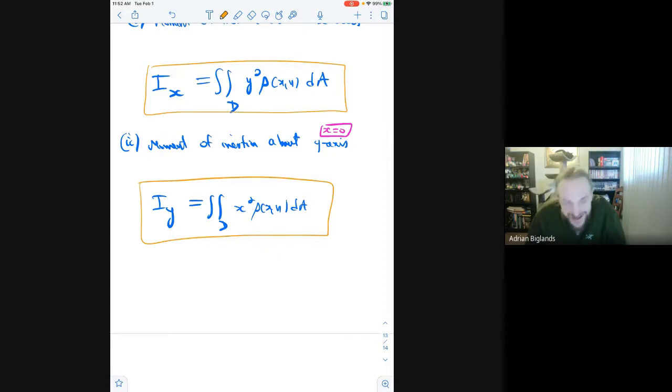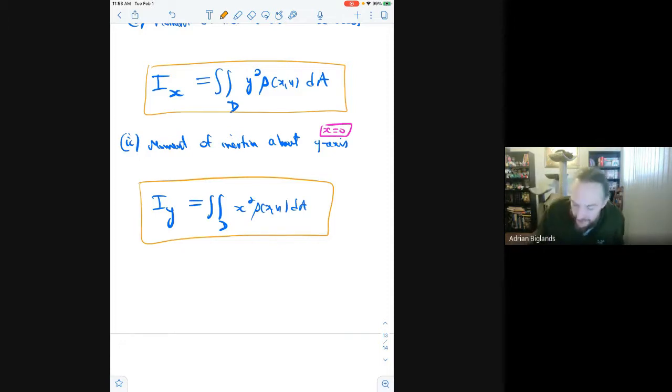So moments of mass, Mx and My, multiplied by y and x respectively. Moments of inertia now are going to multiply by y squared and x squared respectively.